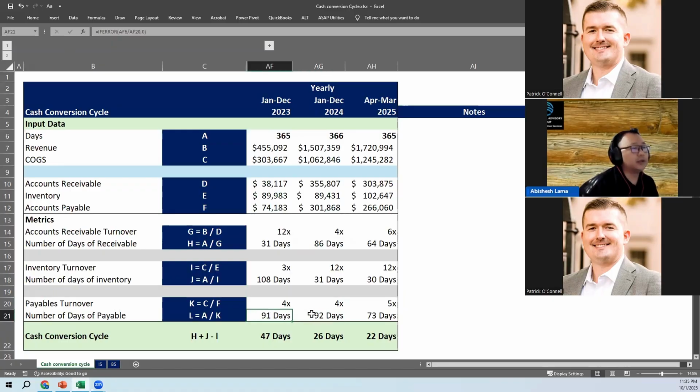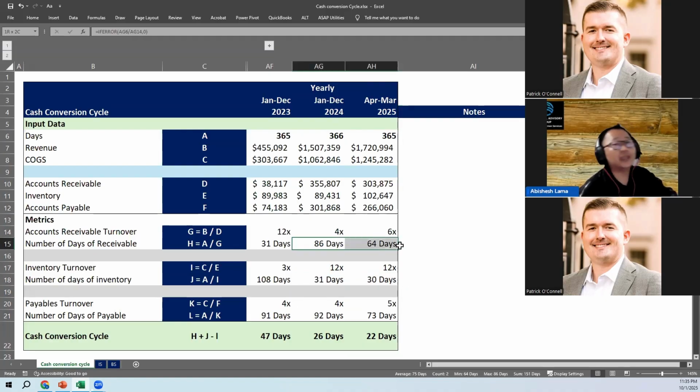So here the payable days have remained constant. And if you look at 2025, in terms of inventory, moving from 2024 to 2025, the trend of 30 days has remained.